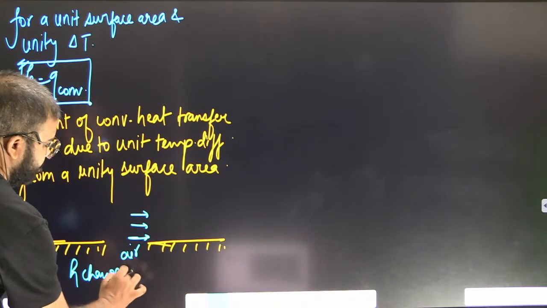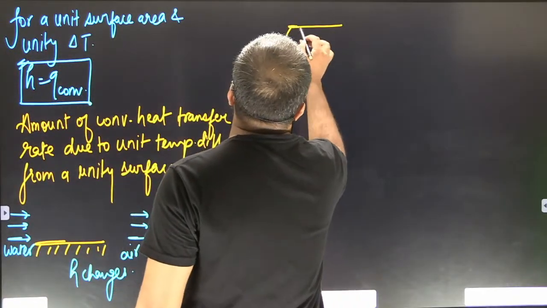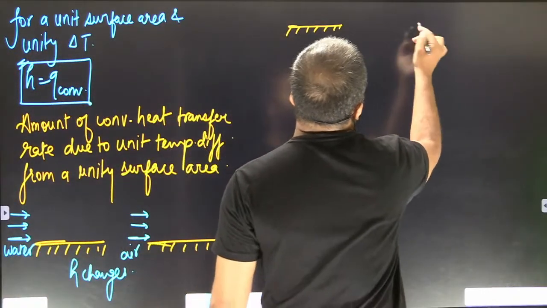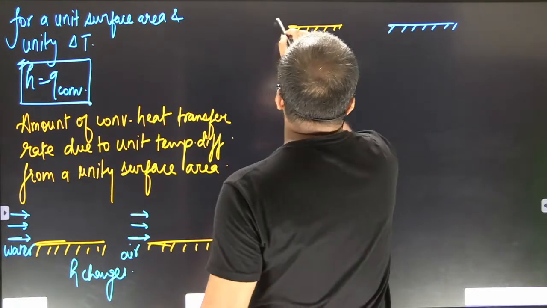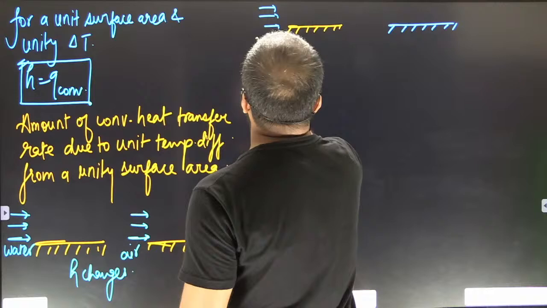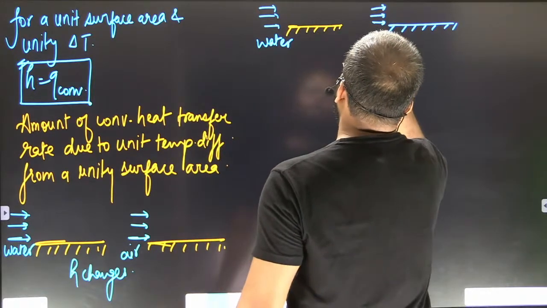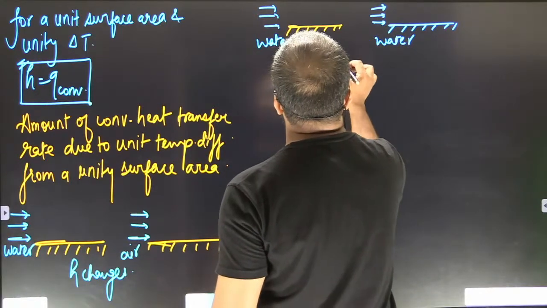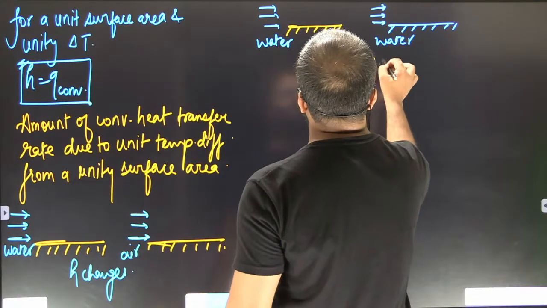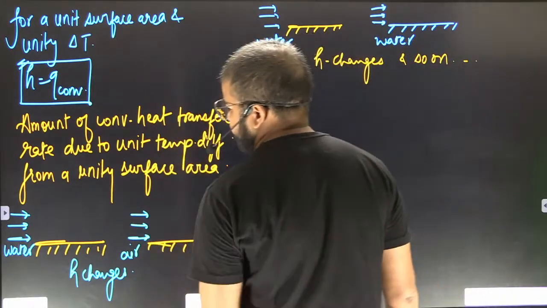H is not the same. Now if you change the surface, if you keep this as water, this is also water, H changes. And so on. Even if you change the velocity, H will change.